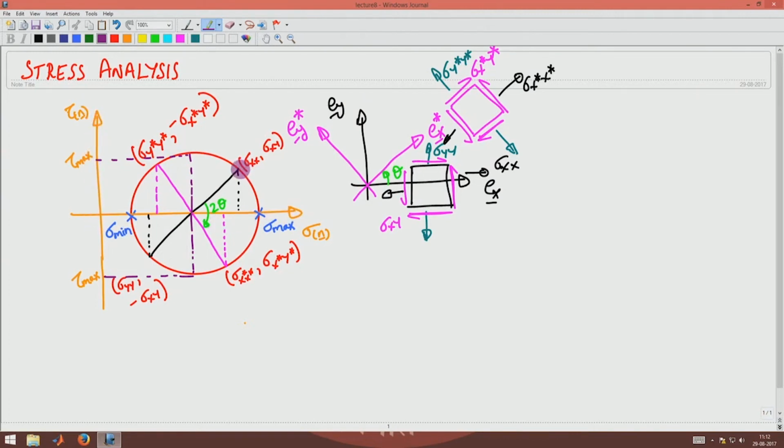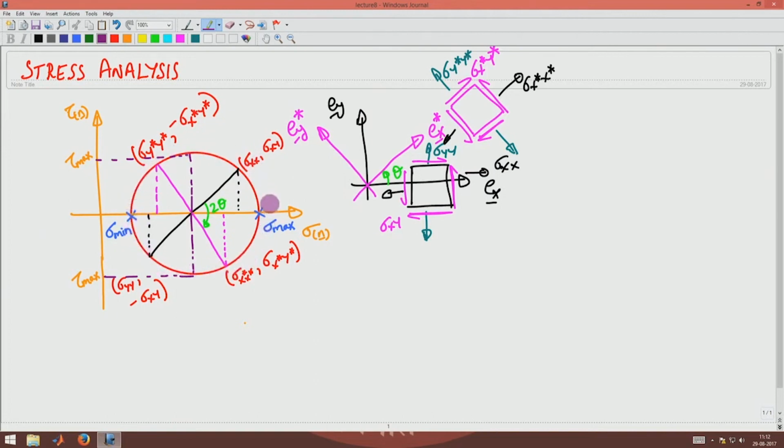You fix the point sigma xx and sigma xy as this point, and sigma yy would be minus sigma xx. You fix these 2 points, join them by a straight line. The center would be sigma xx plus sigma yy by 2, and now you have the requirements to draw a circle. You have the center of the circle and the radius of the circle, so you can now complete the circle here.